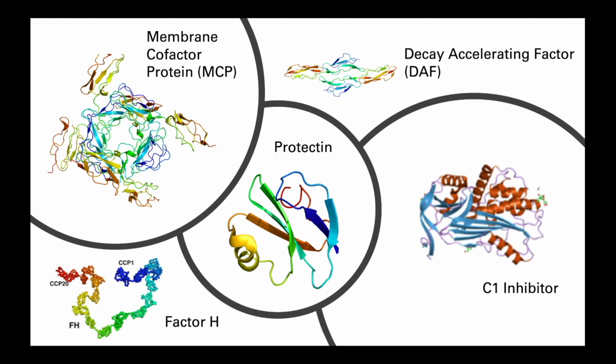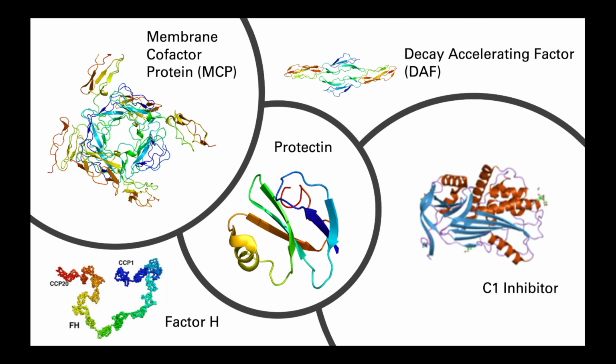Membrane cofactor protein, or MCP, which has cofactor activity, meaning it can clip C3b and inactivate it. Factor H is one of the main fluid phase regulators and has both decay acceleration and cofactor activity, so it can break apart the C3 convertase and inactivate C3b. And finally, protectin prevents C9 from binding to the C5b-8 complex and forming the pore of the membrane attack complex.